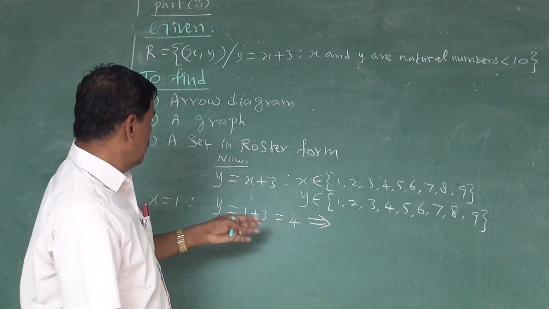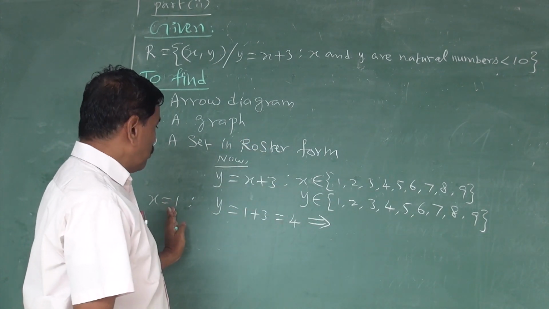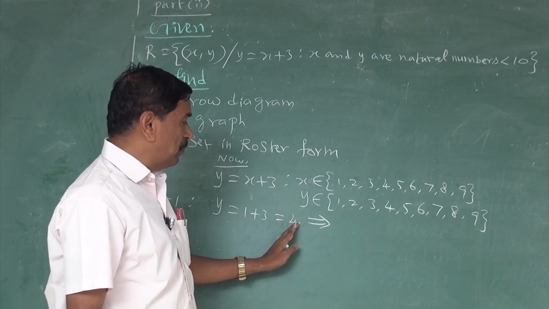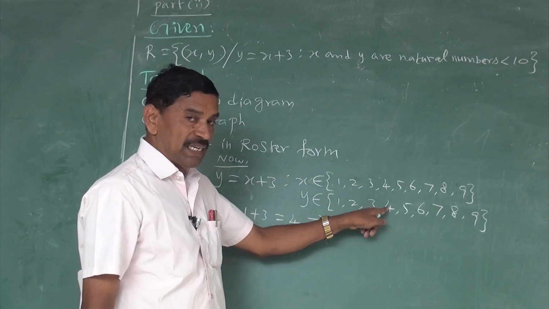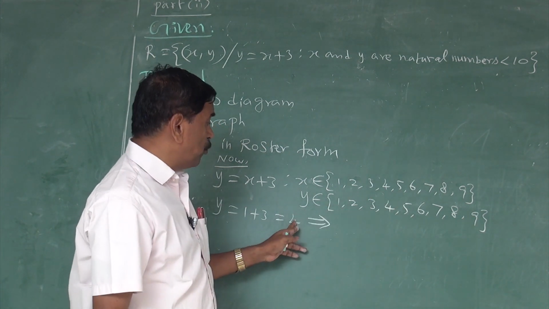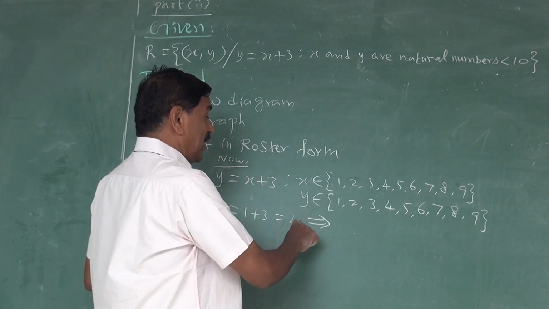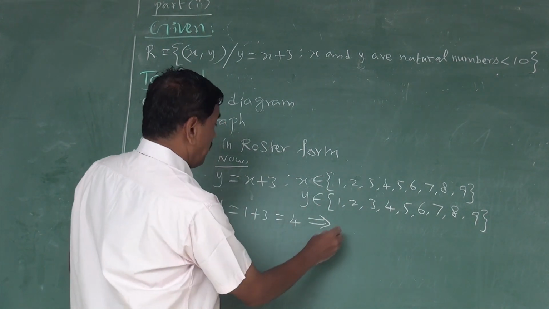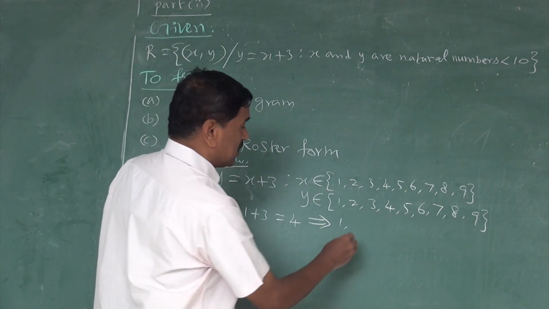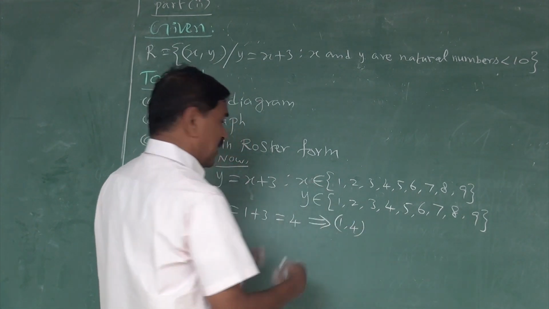Yes, possible. When x equal to 1, y equal to 4. Why is the ordered pair possible? Here 4 belongs to the y set, so y takes 4 because 4 belongs to the y values. So the ordered pair is 1 comma 4.